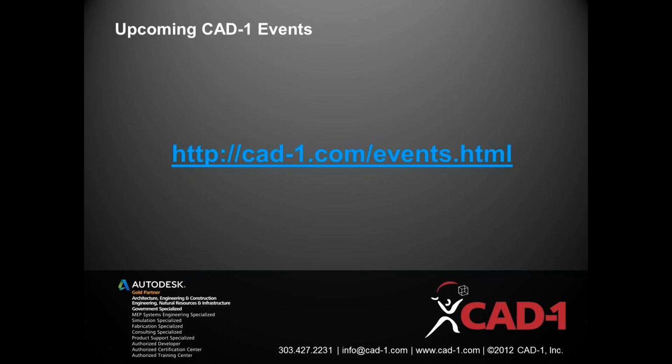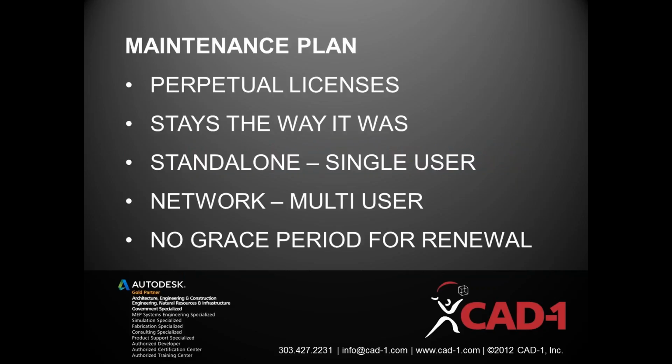All right, so jumping in here to maintenance plan versus term-based plans from Autodesk. Maintenance plans are for your perpetual licenses, and perpetual are the licenses that we've sold all the way up until this point, basically.